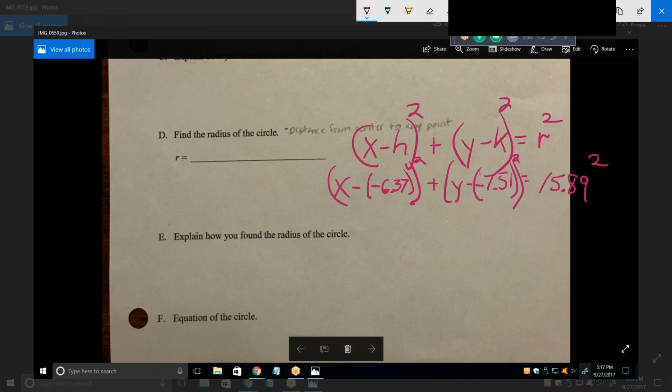That's the equation of the circle. Now, I can simplify it a little bit, but not a lot. I can turn those two negative signs into a plus. I certainly do not want to perform that squaring. That's part of my final answer.